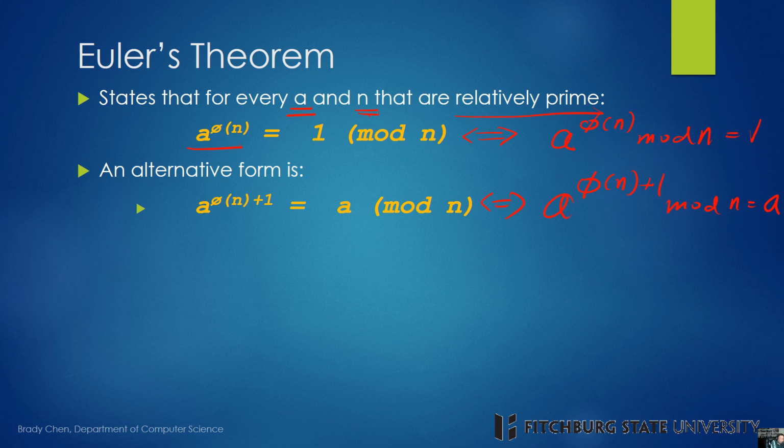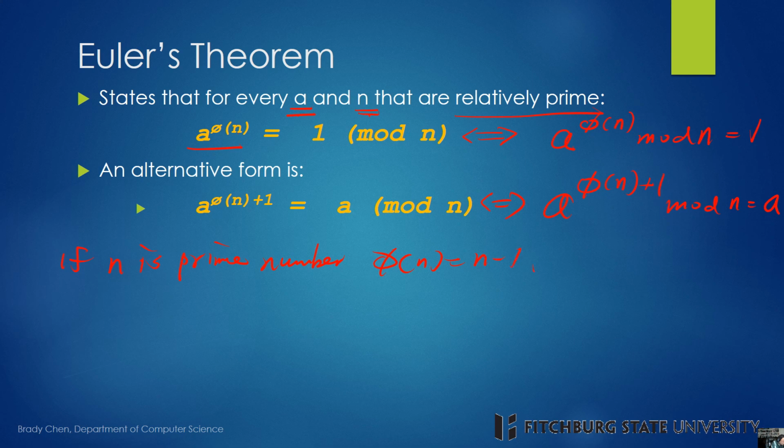Now, Euler's theorem is the generalization of Fermat's theorem. Why? Because if n is a prime number, then we know phi of n is n minus 1.